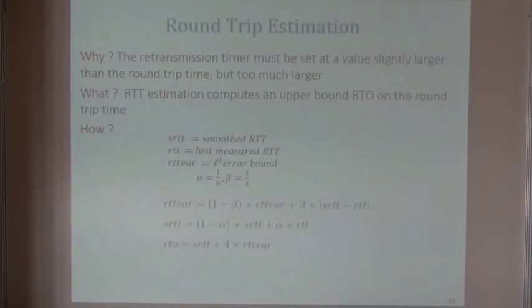Why not the square? We could argue why the square, but here the idea is that all of this has to be implemented in the kernel for every TCP connection, for every packet sent. So you don't want to square things if you don't have to. You take an estimation of the average of the absolute value of the difference between the measurement and the smoothed value.